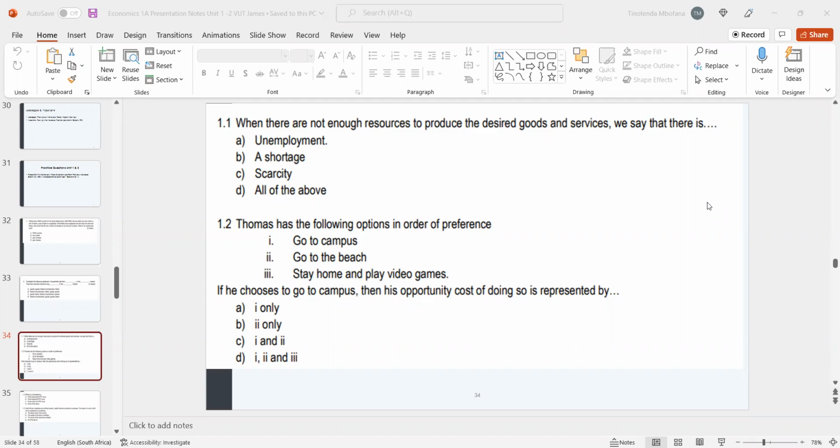If this is ordered in preference, then the next thing in line is the next best alternative foregone. So if he chooses to go to the campus, the next best alternative foregone is to go to the beach, which is option number 2.